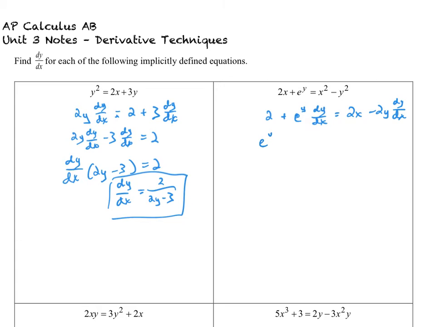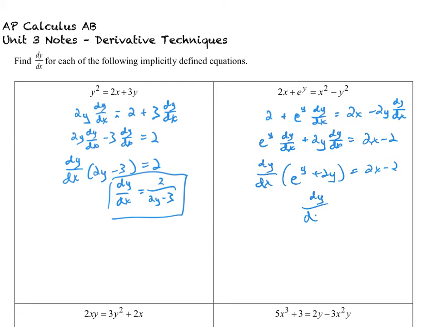So e to the y dy over dx plus 2y dy over dx, and then 2x minus 2. And now time to factor. And now I'm going to go ahead and divide both sides by the parentheses. So you get 2x minus 2 over e to the y plus 2y, and that's about where it ends up.